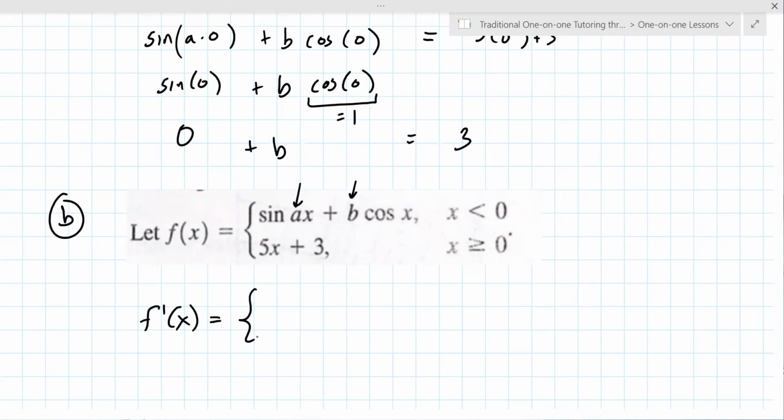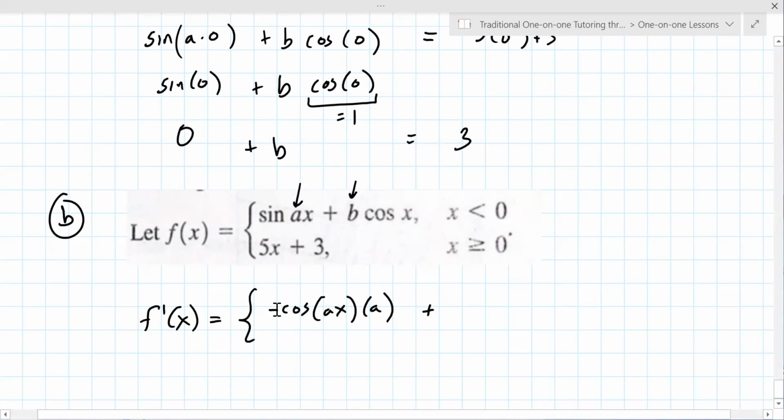Yeah. If you need to, treat it as like a is 3 and b is 4. So it'd be negative cosine a, plus b negative sine.